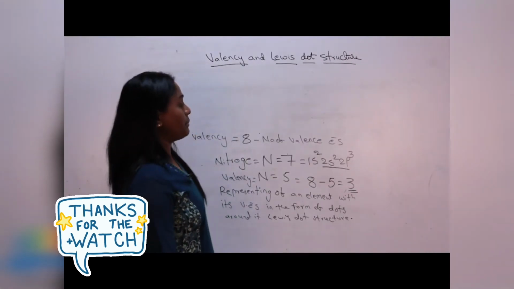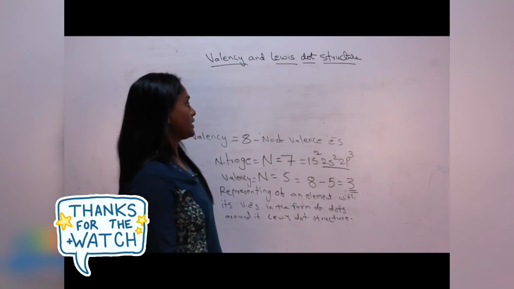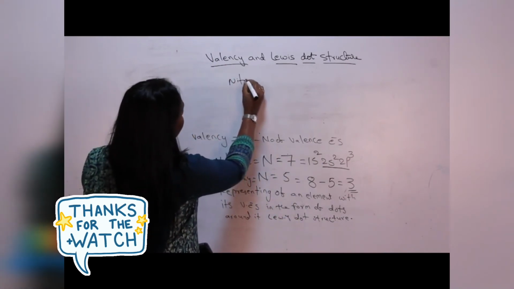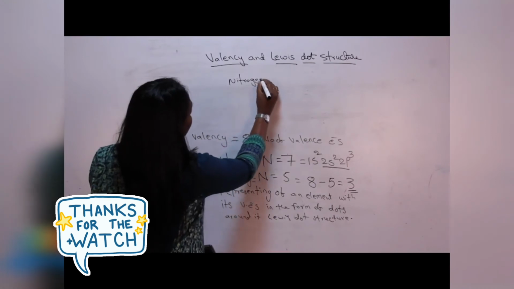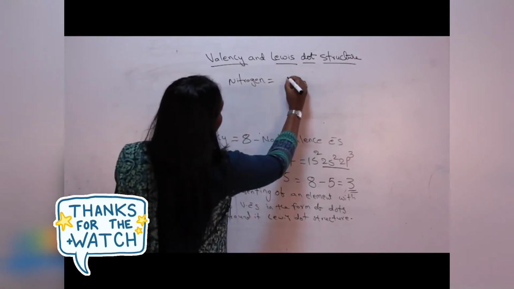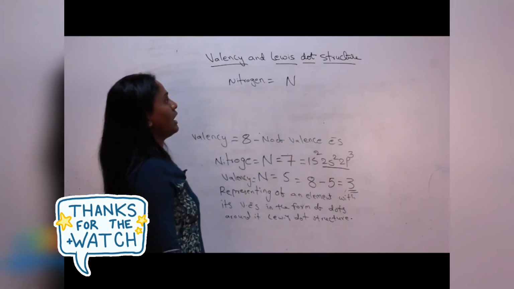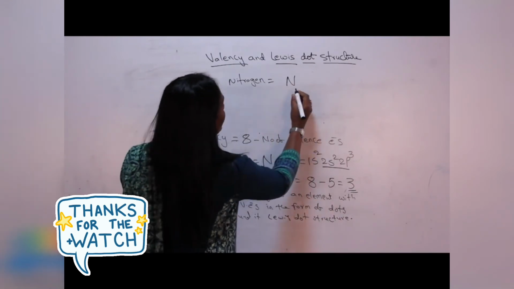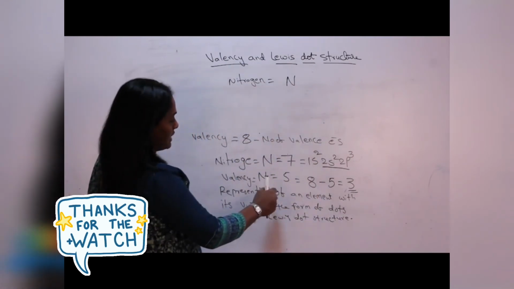Let's take an example to write a Lewis dot structure. Here I am taking nitrogen. First of all, you write the symbol of that element. I am taking nitrogen, so I took N. Now count the number of valence electrons.